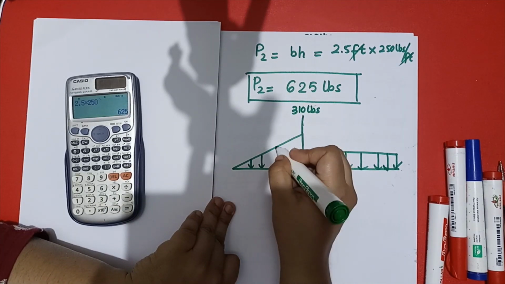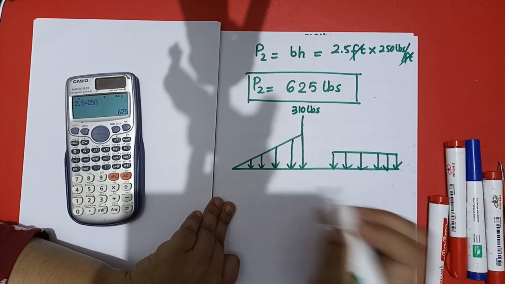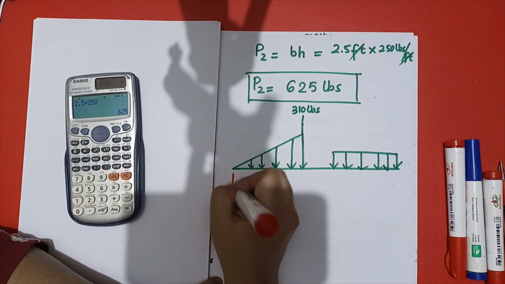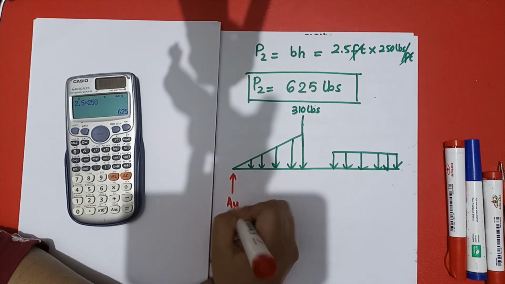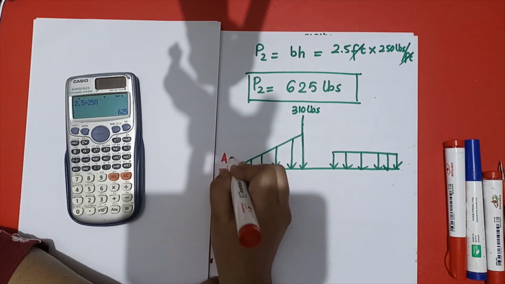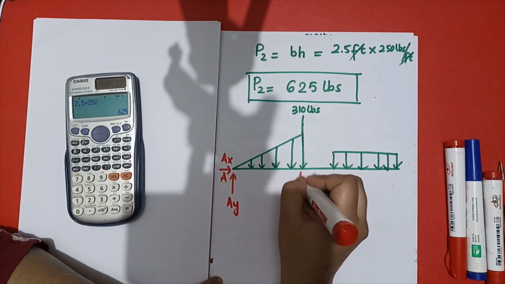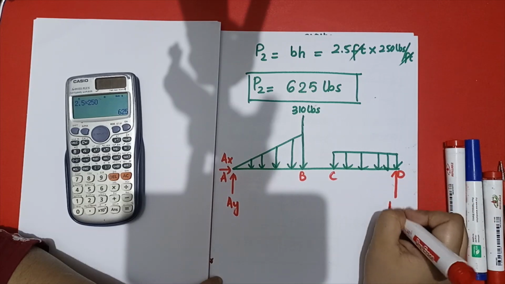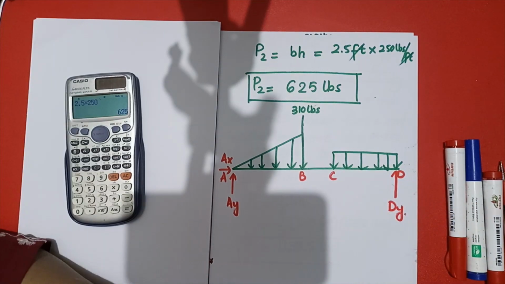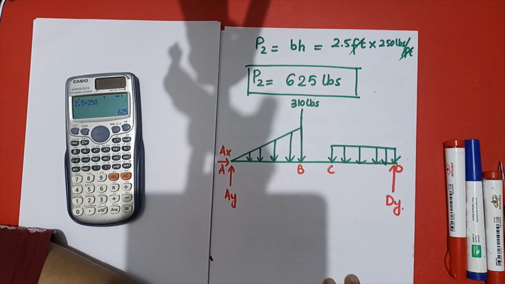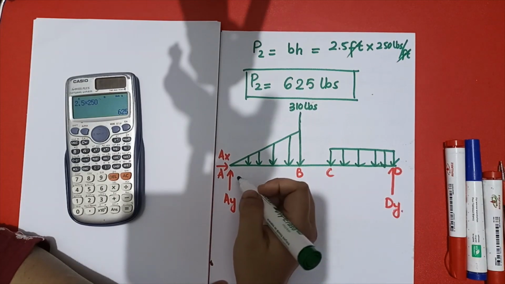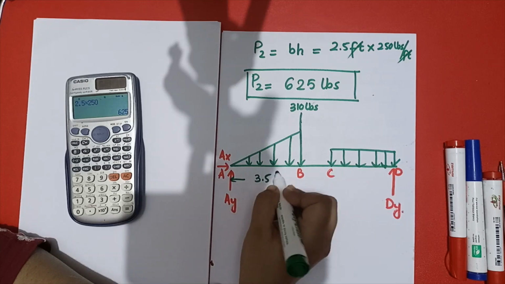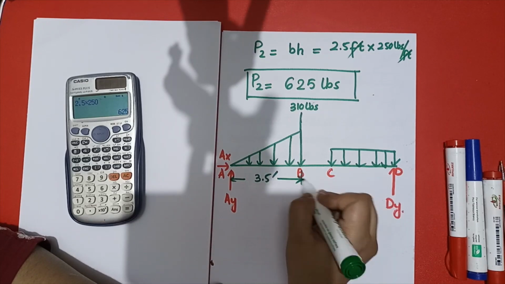Here is AY, which we have to find out, and this is AX at point A, then B, C and D. And this is DY, because we have a roller support over here. The distance is 3.5 feet, and this is 1 foot.